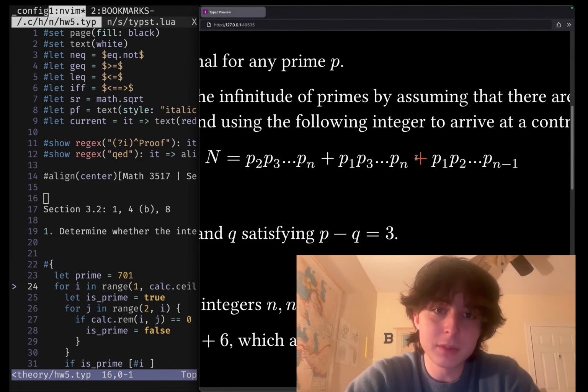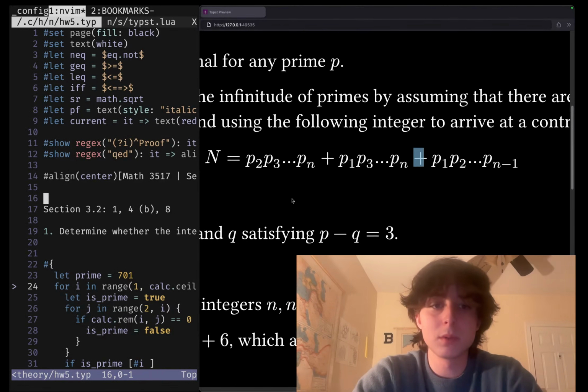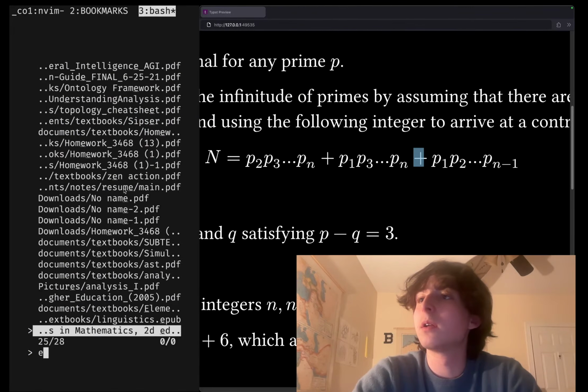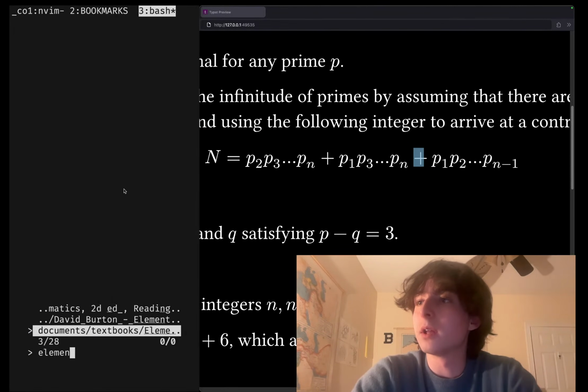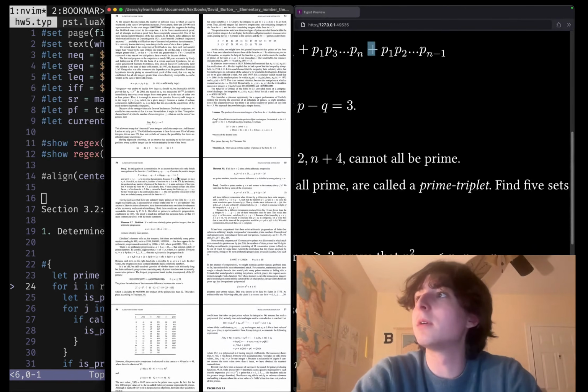Because it seems like there should be a... I'm going to check in the textbook. Where's the textbook? I don't have it open. Come on, Zathra. Oh no. Elementary number theory. I think it's that one. There we go.